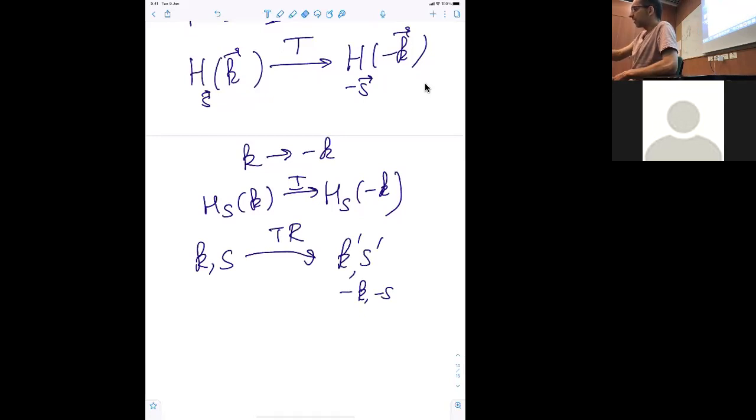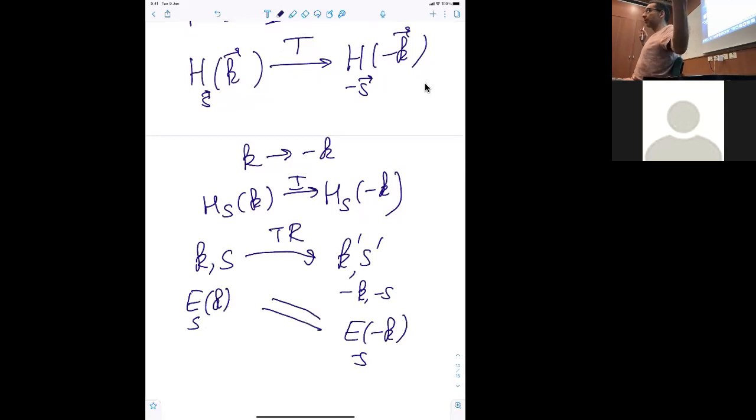And this state and its time reversal partner have the same energy. So each energy happens twice. The energy of a state K S and the energy of its time reversal partner -K -S must be the same, provided there is a time reversal symmetry in the problem. That's a theorem by Kramers, and these two states are called Kramers partners.